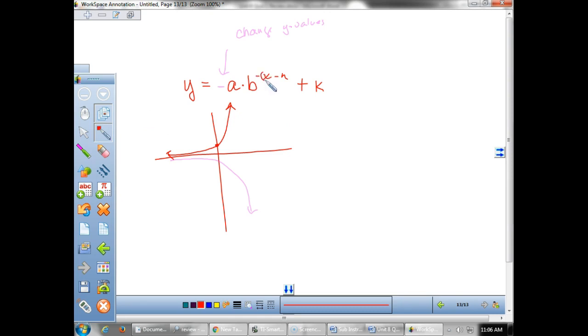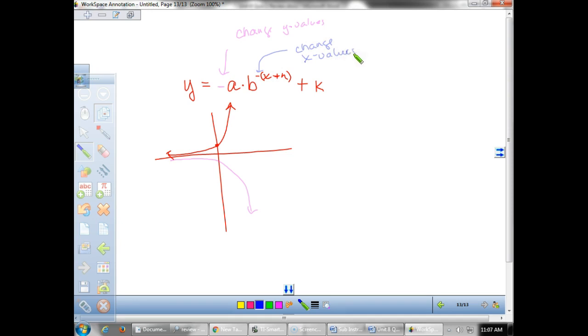I taught you to factor out the negative. So if I have a negative here, it's going to change all the what values? The x values. So an x that was over here becomes over here, so it reflects it this way. So that is for the exponential graph. I'll do the same thing for the log graph in just a second, once y'all get all that.